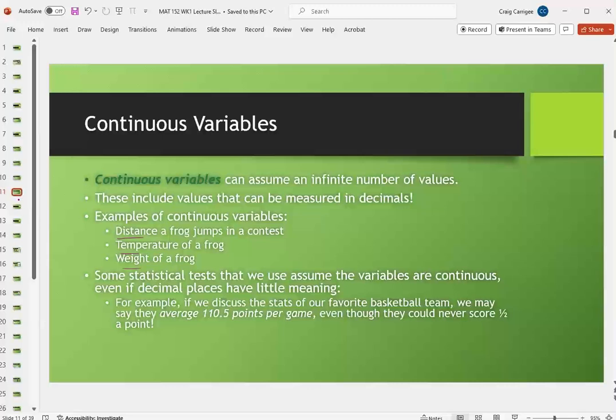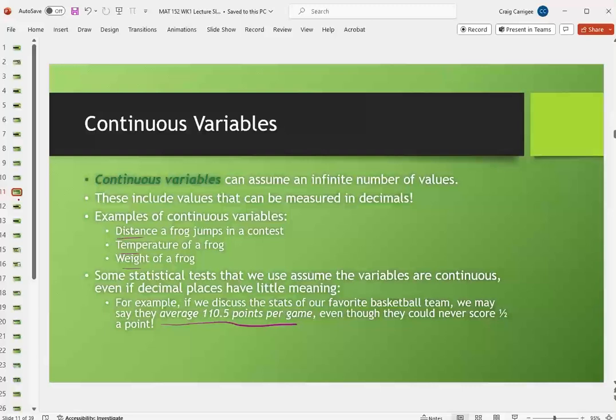Some of the variables that we use in statistical tests can be discrete variables, but we'll kind of treat them like they're continuous, right? So in a way, when we talk about averages later, we can talk about the average points scored by a basketball team per game, and we can use a decimal place to talk about that. We can say that they score about 110.5 points per game.